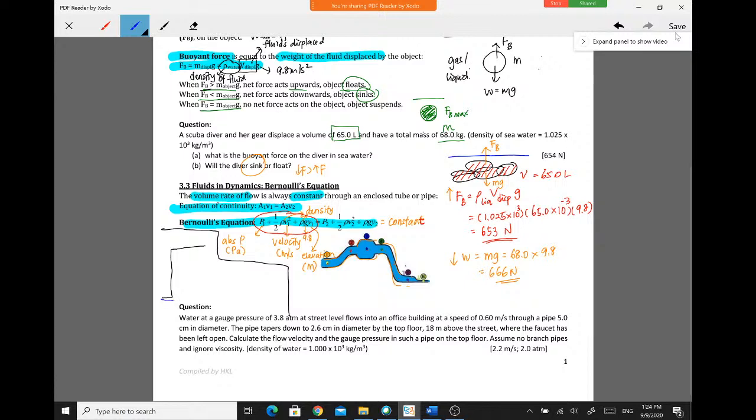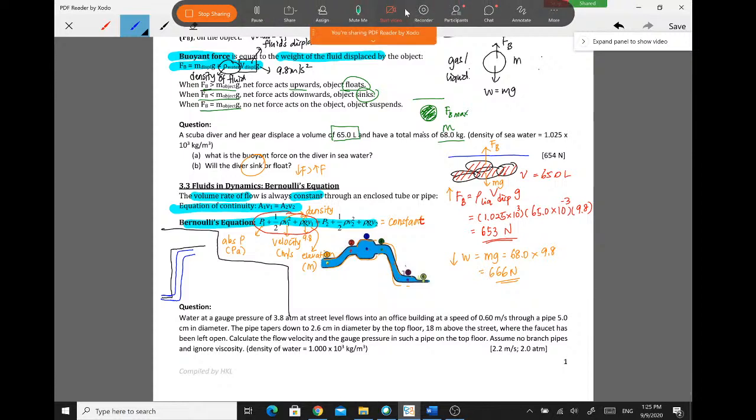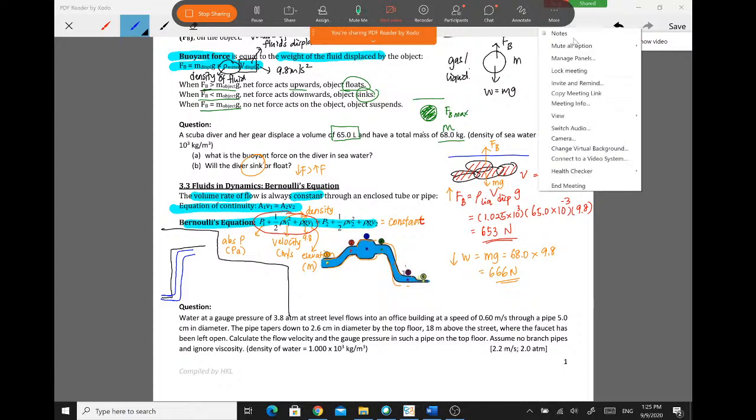From the street level to the... you don't have sound also. How about others? Or perhaps you can check your video. You go to settings.